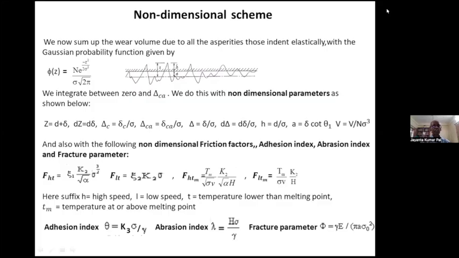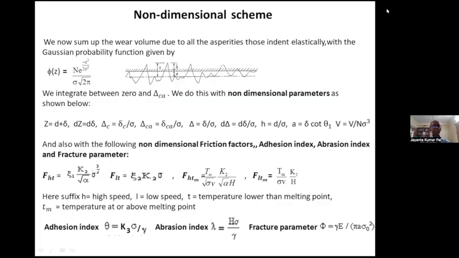Now we integrate this, as we said earlier, between 0 and capital delta CA, and we use the following non-dimensional scheme, where Z, as shown in the figure, is equal to d plus delta. Therefore, dz equal to d delta.